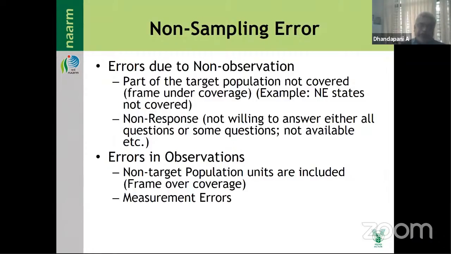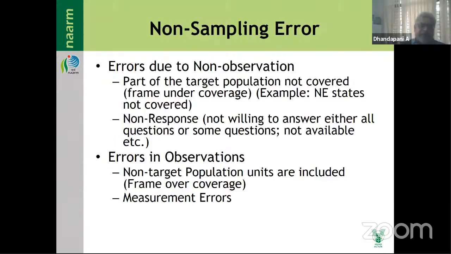That is complete non-response. Or, for example, you mail your questionnaire to somebody and they do not respond. This will lead to non-response. Non-response bias is very serious, because if there is a bias in responses, it is going to seriously affect your estimate.